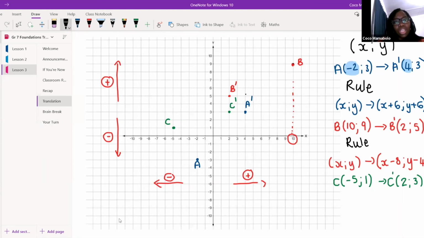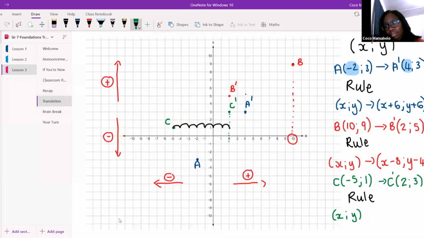Excellent. Let's count how many times we're going to move. Remember, C is over here, so we wanted to get to that line. So we're going to count. Count with me. 1, 2, 3, 4, 5, 6, 7. Excellent. So we moved 7 times to the right. And when I move to the right, Mbuyo, do I plus or do I minus?